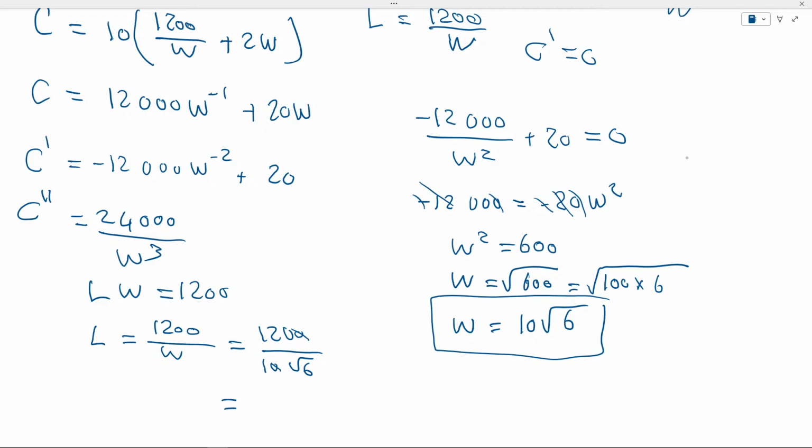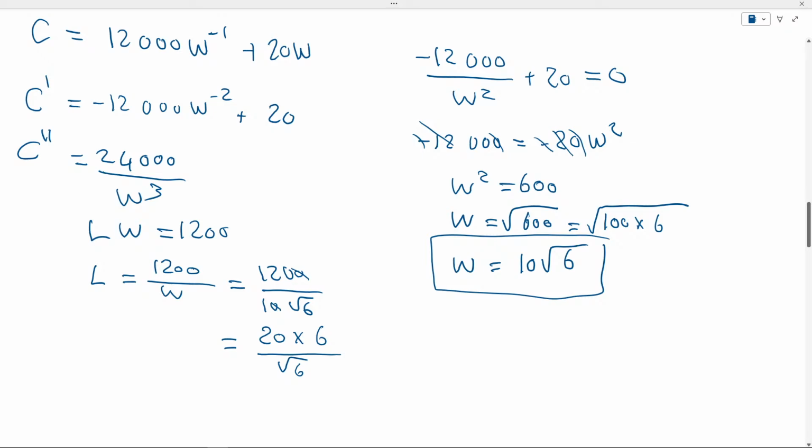So can I do some algebraic trick here? Yes, I can. Let's try this. I can say 20 times 6 over square root of 6, because 20 times 6, that's 120. This is equivalent to, like this is a square, so this guy will go away with this guy.